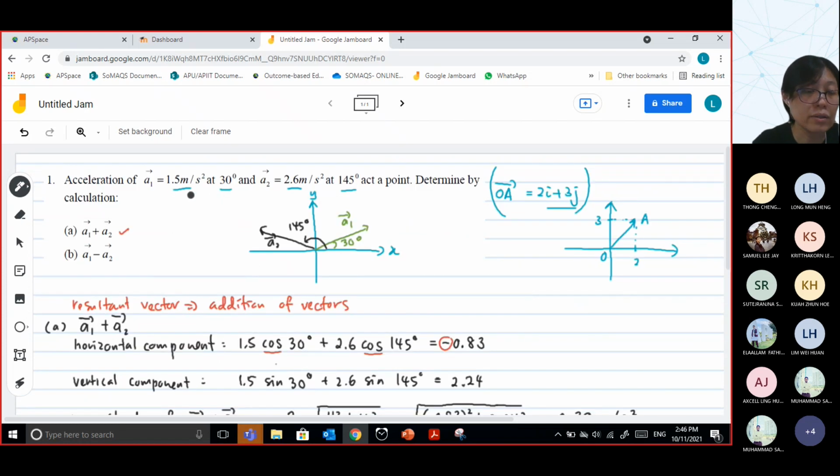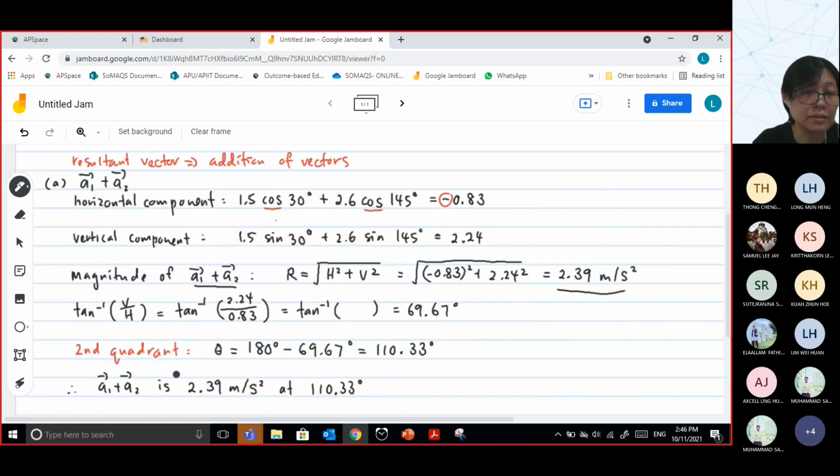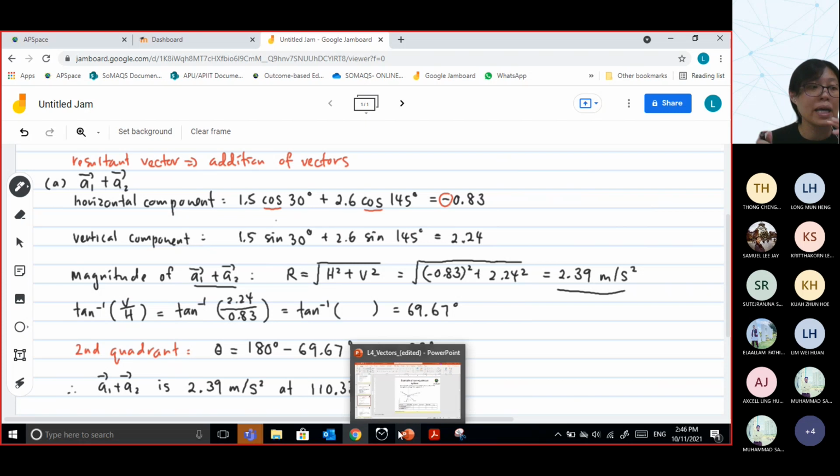Can you see the questions give you the vectors A1, A2 as how many meter per second square at what angle? Now for the resultant vector, you obtain 2.39 meter per second square at the angle of 110.33. So we are calculating exactly the same form as the vectors that we have.